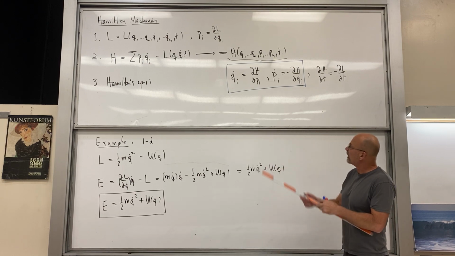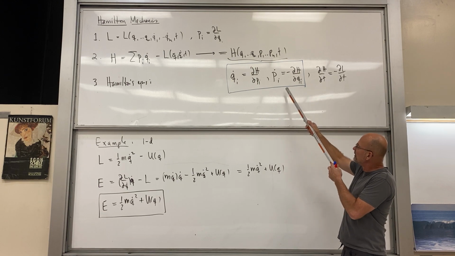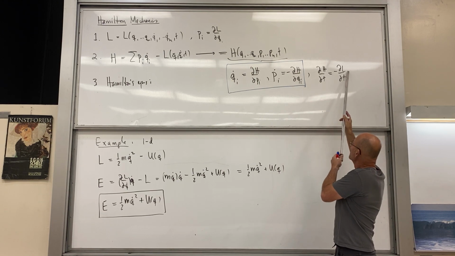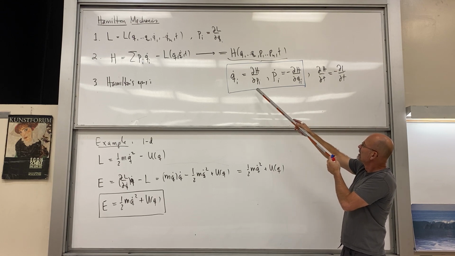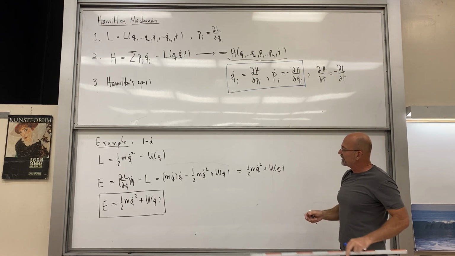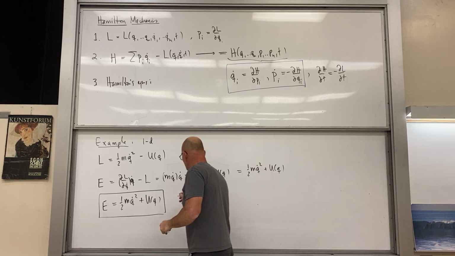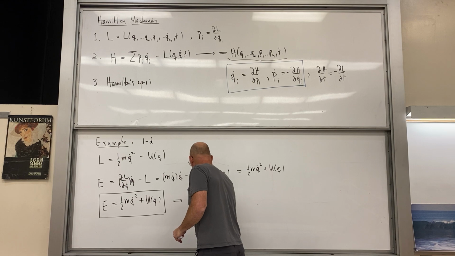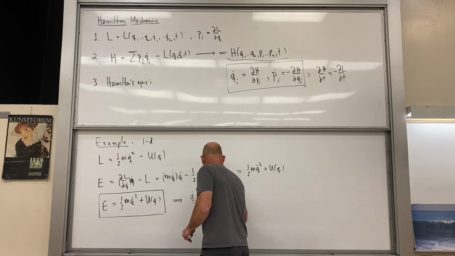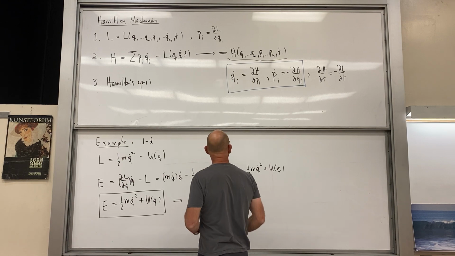Yeah, so next, what are our equations? Okay, this is trivially true because there's no time dependence. q dot equals ∂H/∂p, and right underneath I'll go ahead and write what that is.